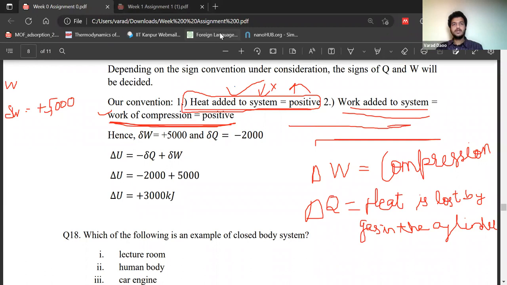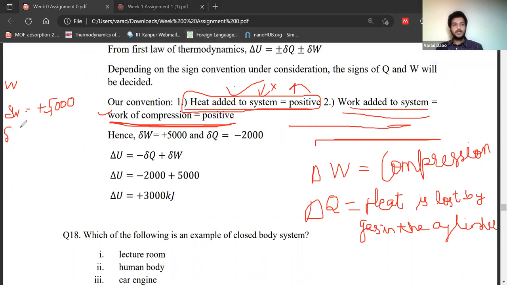That means heat is going to be negative, right? That means delta Q is minus 2000. The unit of both is kilojoule.